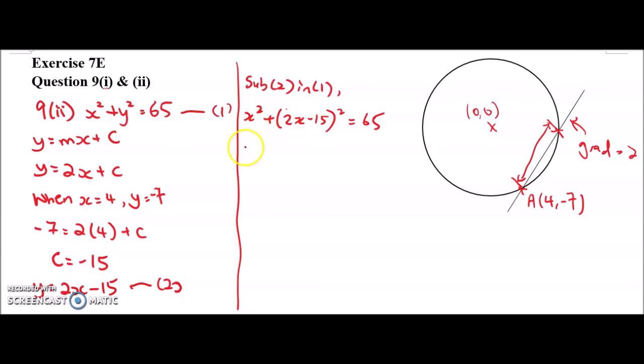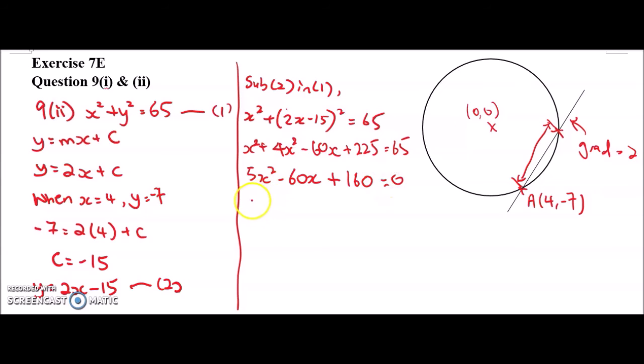So we can expand: x squared plus 4x squared minus 60x plus 225 equals 65. So we have 5x squared minus 60x plus 160 equals 0.